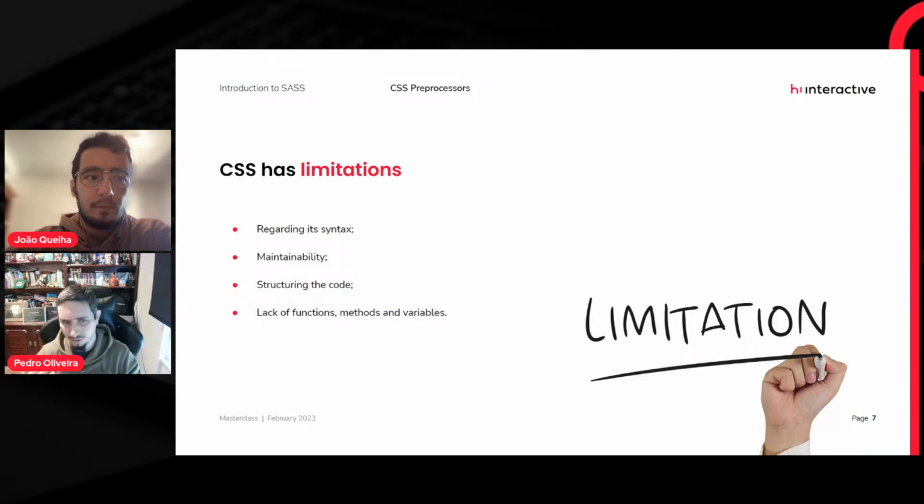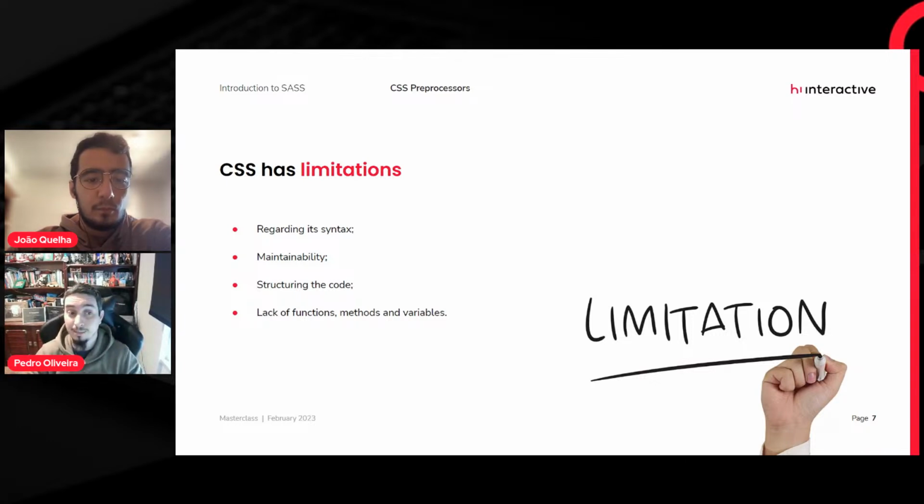So it's difficult to maintain more than one CSS file. Structuring the code is also difficult. Basically, we don't have a way of nesting attributes inside attributes inside attributes. It's not easy to read and to find what we want.